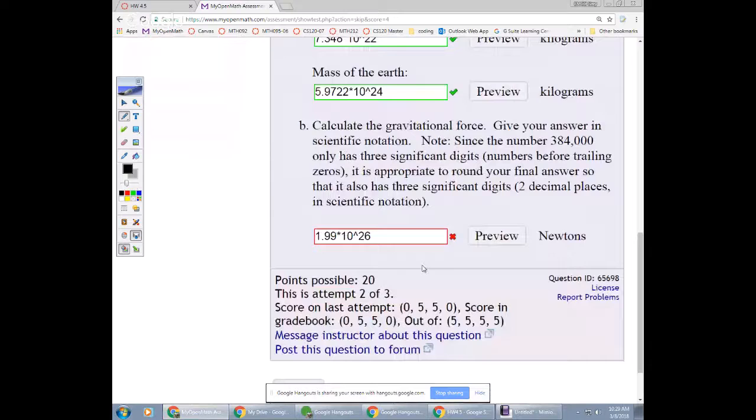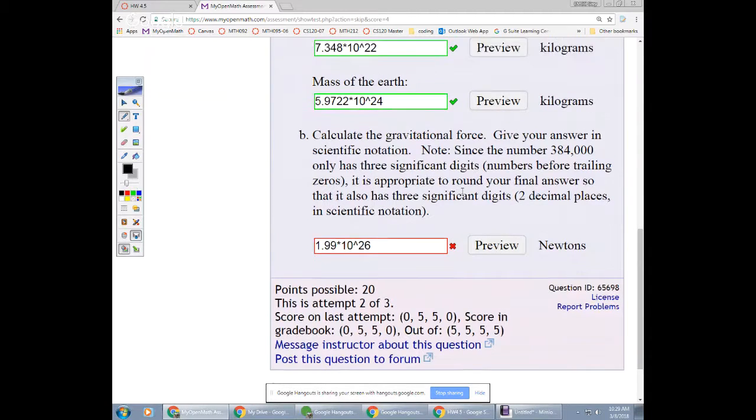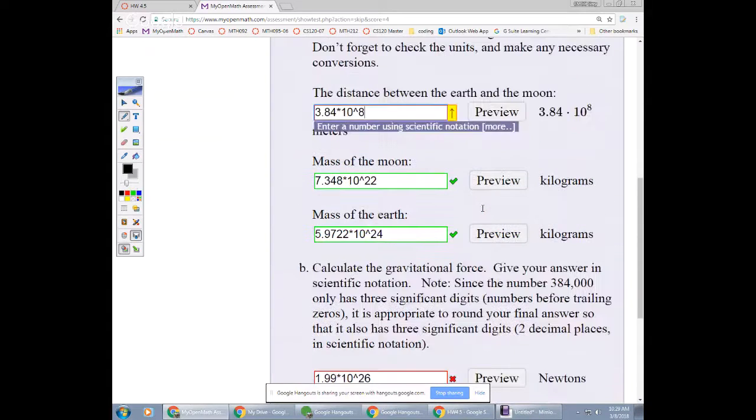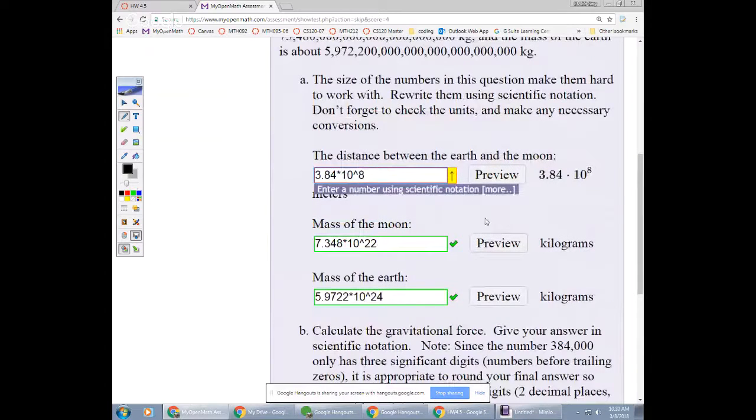Otherwise, ooh, I didn't like that one. Oh dear, okay. Guess what we did wrong? Anybody know what we did wrong? It stems back to this part right here.